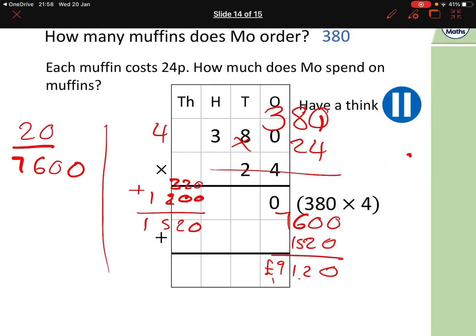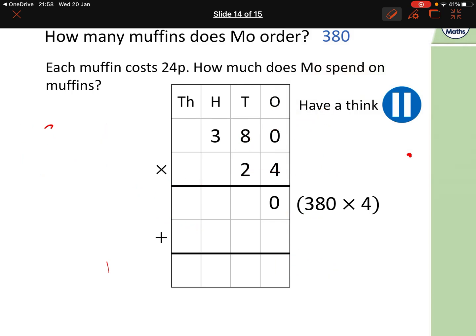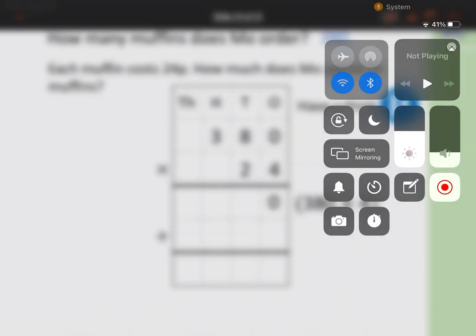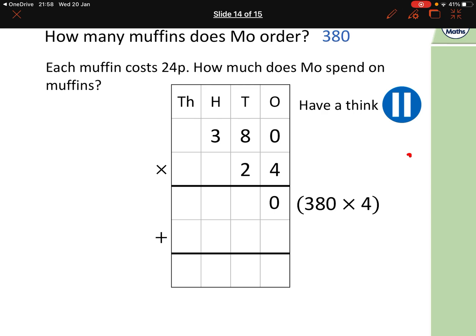I can see that my writing is going to get in the way. Oh no, we want that, don't we? I just don't want that. There we go. So I'm going to multiply all of these. This is how we do it with the column method.